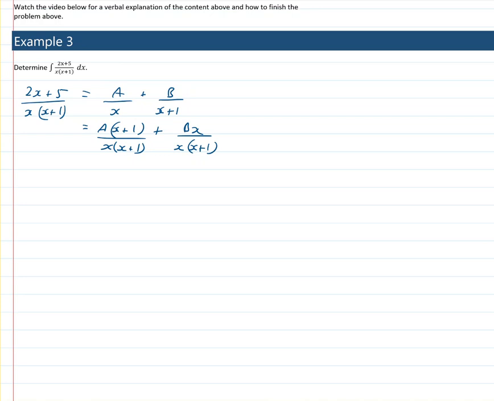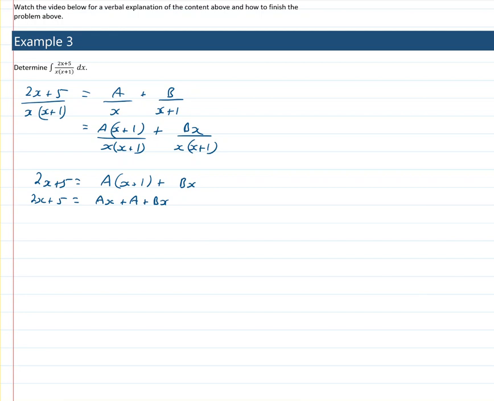From there, we know that the denominator is going to work, and we can say the numerator 2x plus 5 has to be equal to a outside of x plus 1 plus bx, because we know that these two numerators will add together to give this numerator. Then I can say 2x plus 5 has to equal ax plus a plus bx.